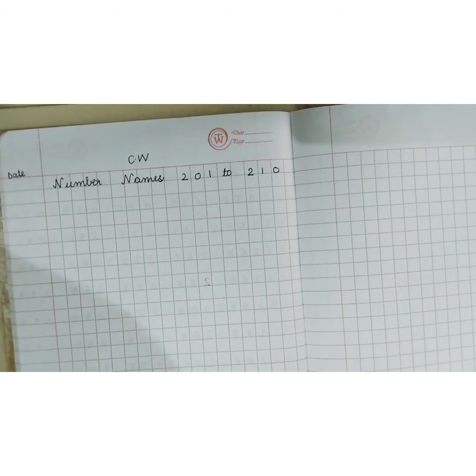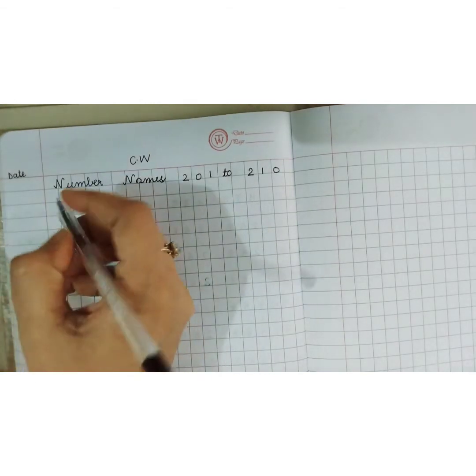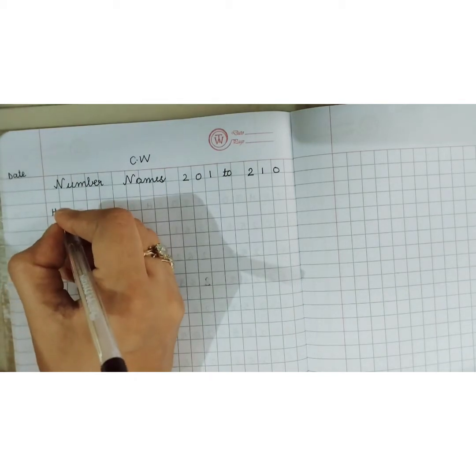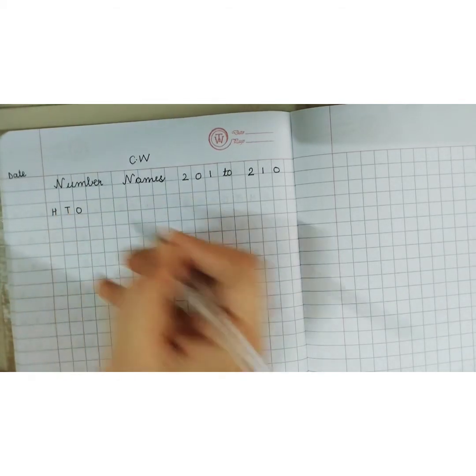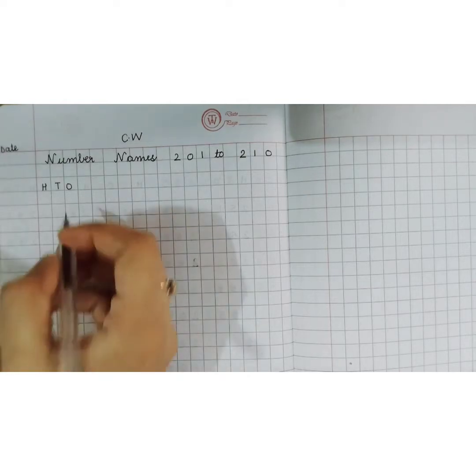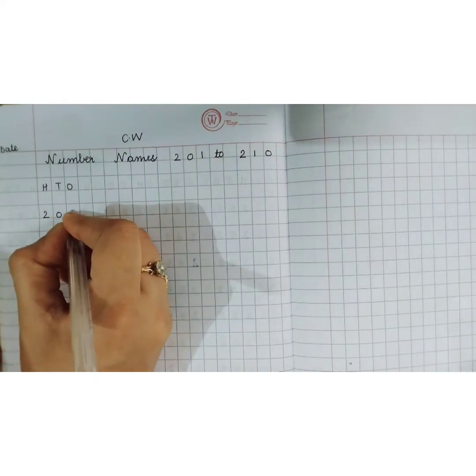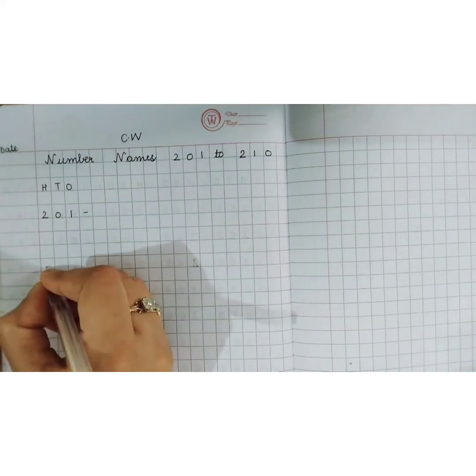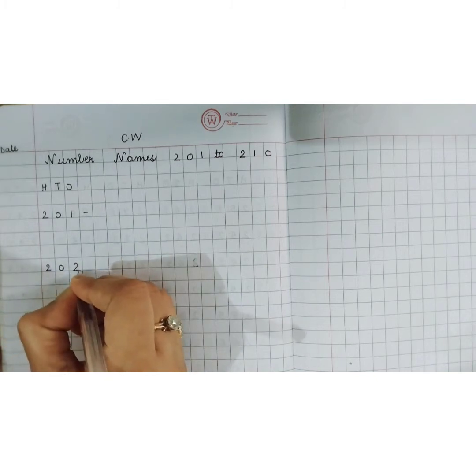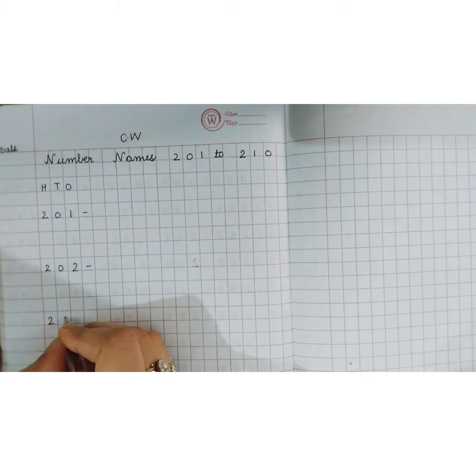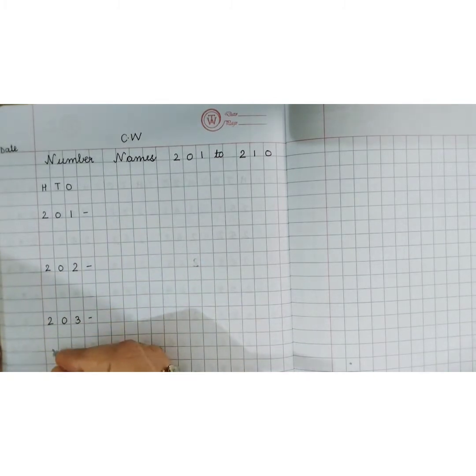Now children, after putting the heading, you will leave one block and write HTO. After writing HTO, you will leave one block and then start writing the numbers under HTO like this.